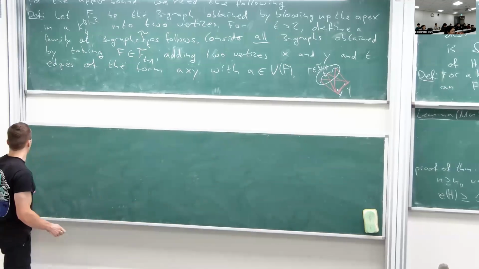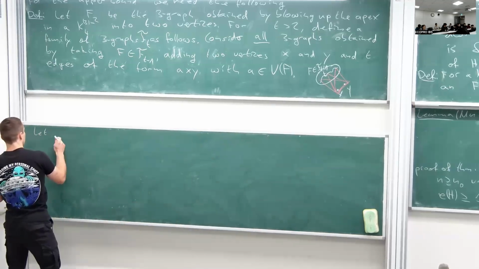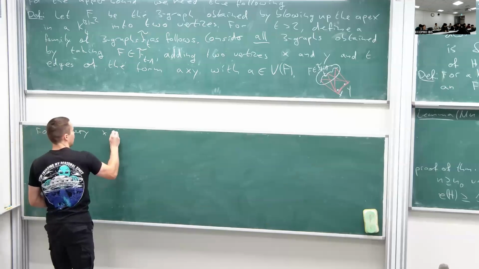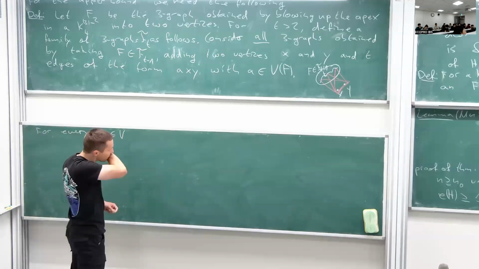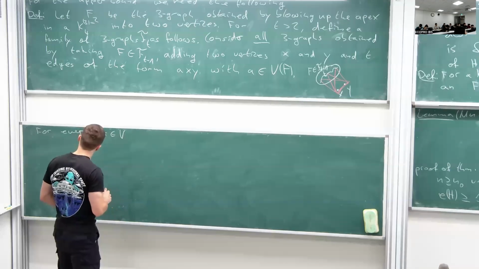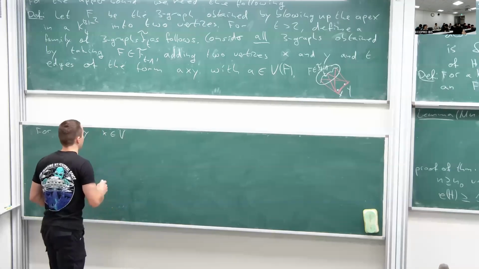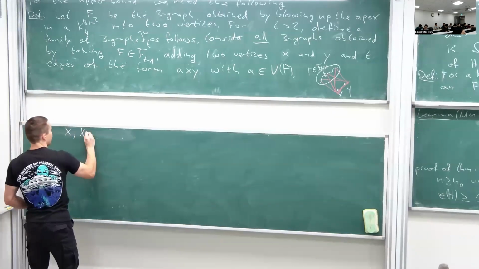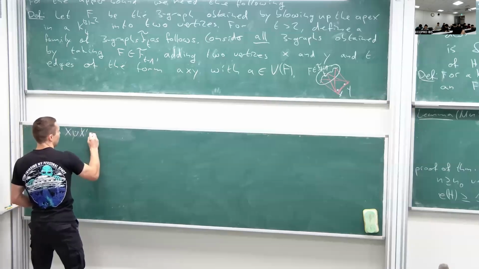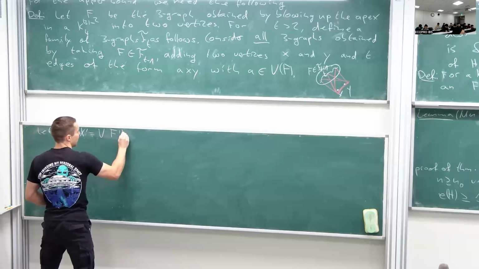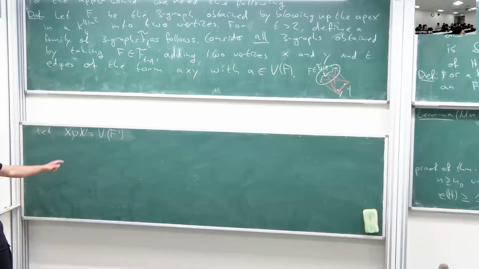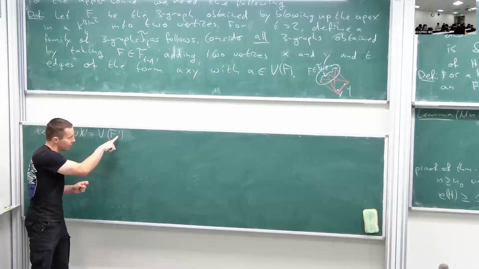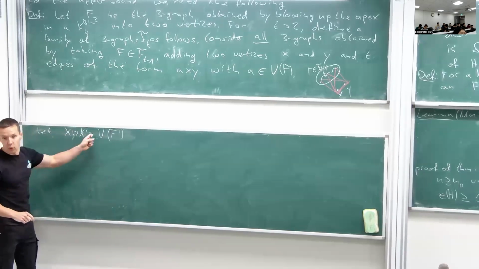So then for every x in the vertex set, let X and X prime be the vertex set of this copy of F2, such that we have one of the copies of F, so not F prime, but F on X, and one copy in X prime.